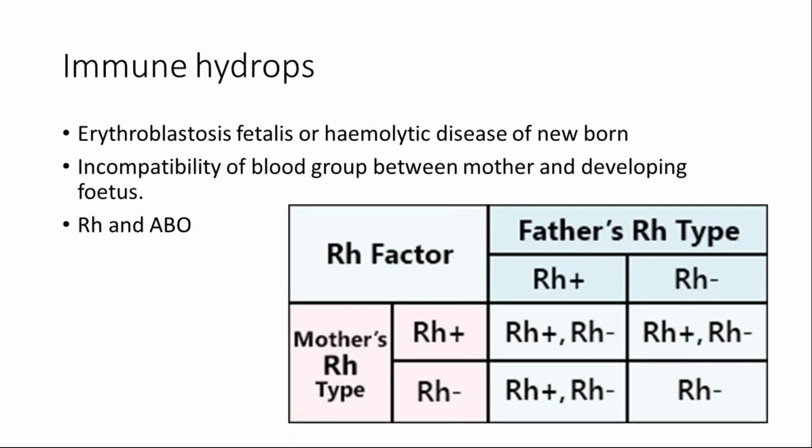So ABO incompatibility causing hemolytic disease is very rare because anti-A and anti-B antibodies do not cross the placenta, and fetal RBCs express these antigens poorly. Most common is RH incompatibility.